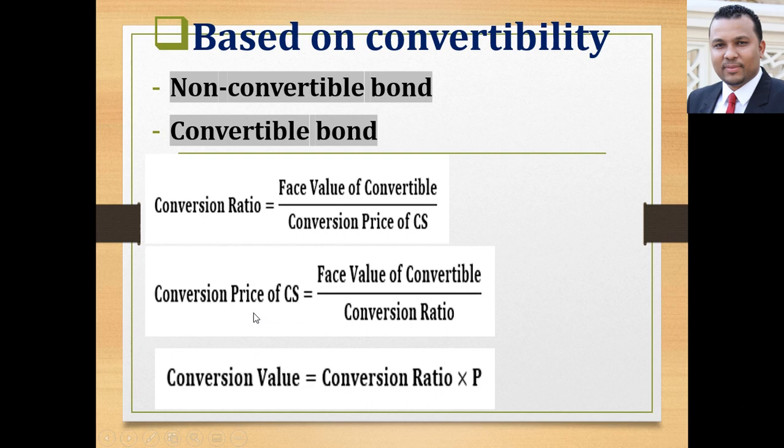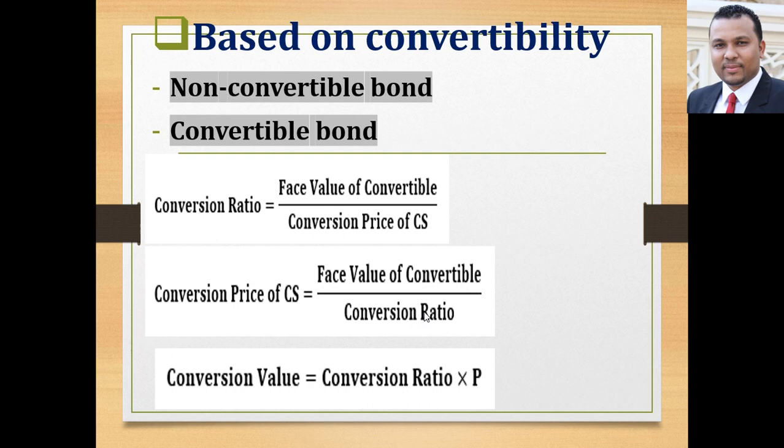What about conversion price? Conversion price of common stock equals face value of convertible divided by conversion ratio. When a convertible bond is first issued, the conversion price is much higher than the price of the common stock to which it can be converted.